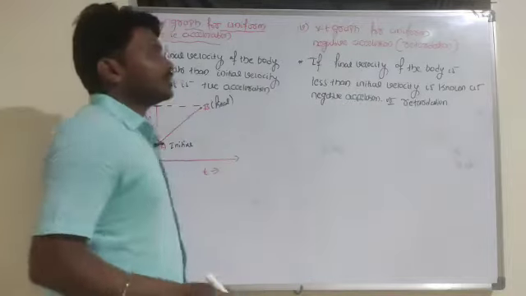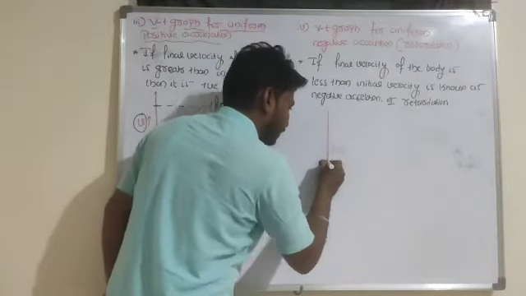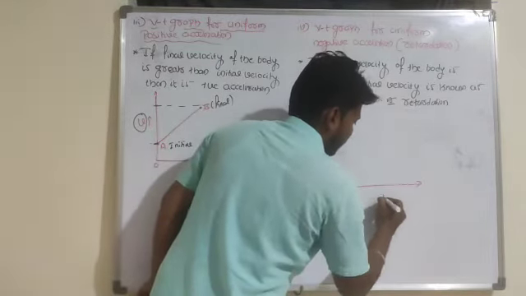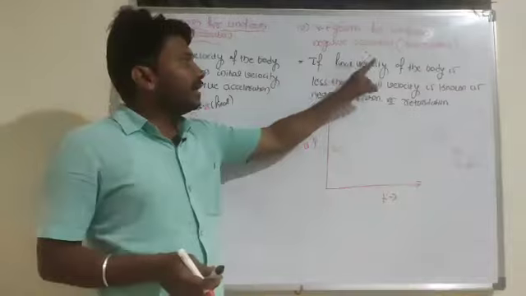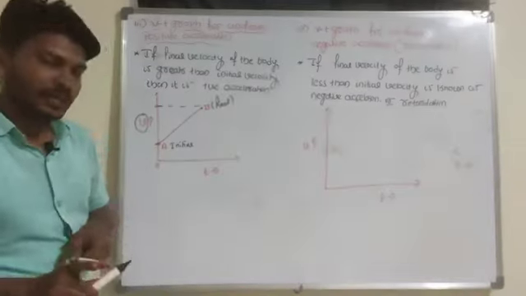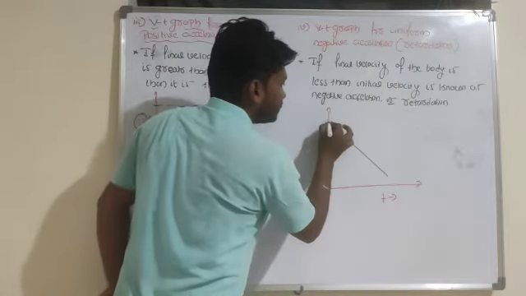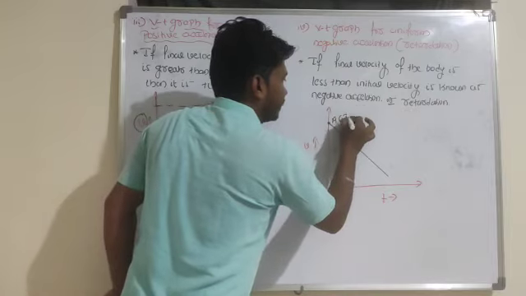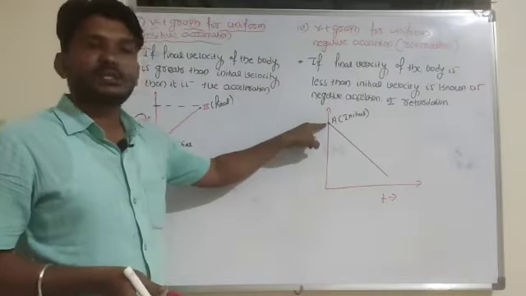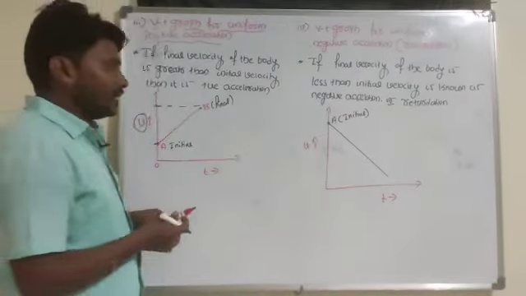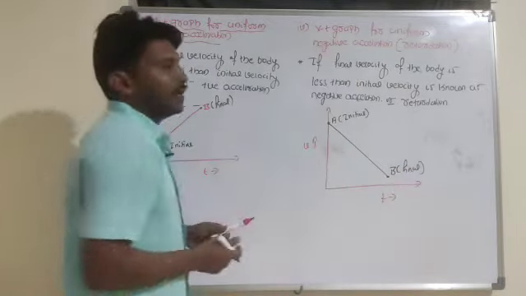So what is the velocity time graph for uniform negative acceleration? Let me draw the graph first. Time is along the x-axis and velocity is along the y-axis.